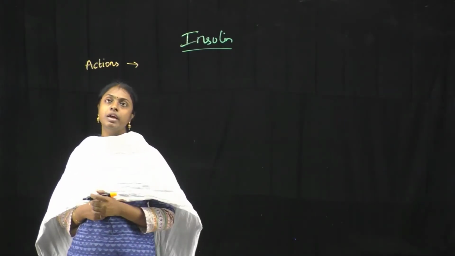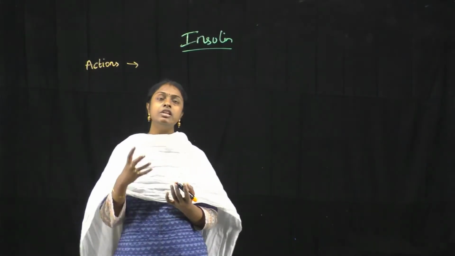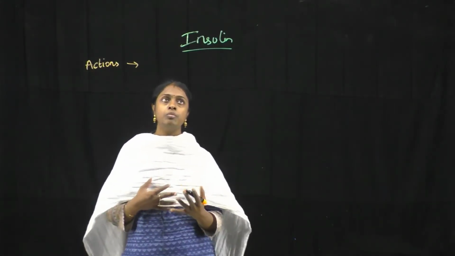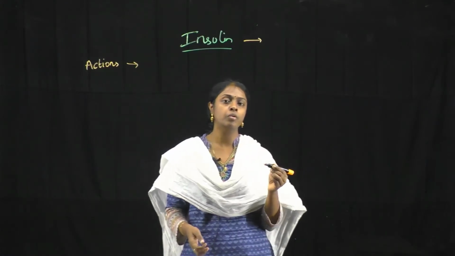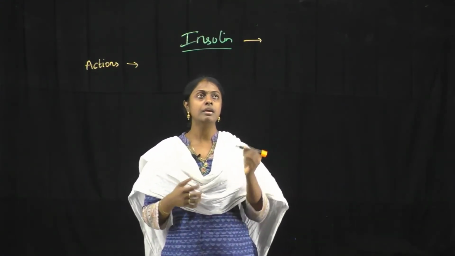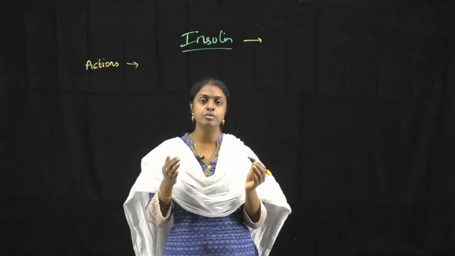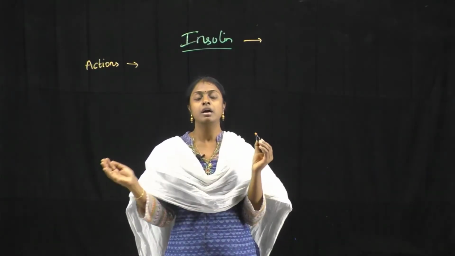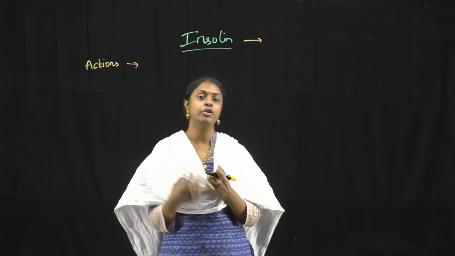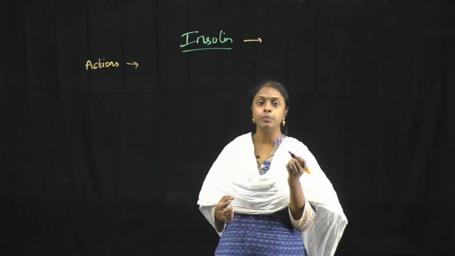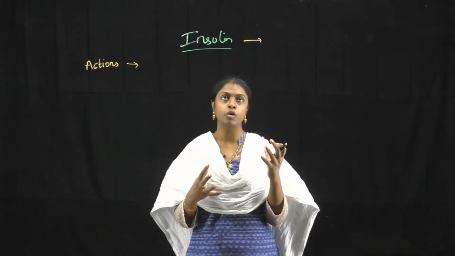Not only that, insulin is an anabolic hormone. What is an anabolic hormone? It will take smaller units of molecules and convert them into a complex molecule.